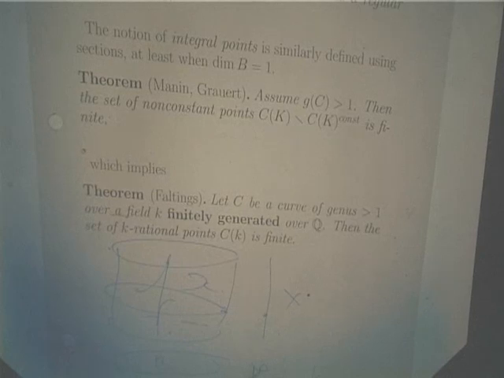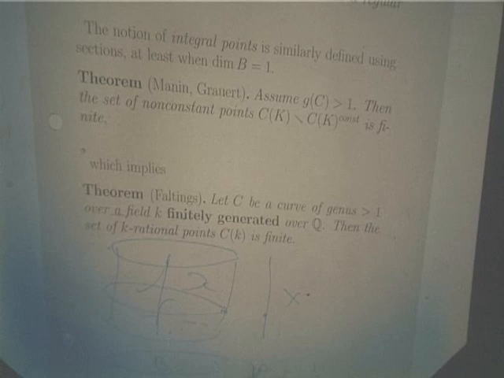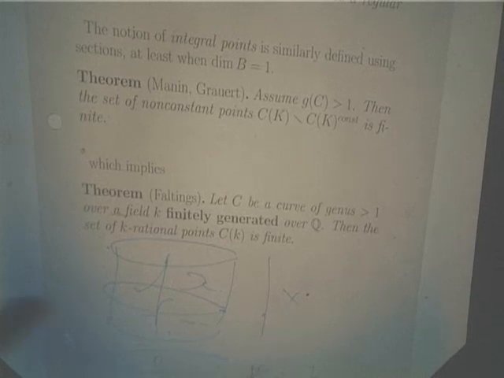But also, if you want to work with integral points, which I haven't mentioned here, it's mentioned a little bit in the lecture notes, you have to choose a fibration. The number of possible fibrations with the same generic fiber is infinite. You can always take a point here and blow it up.